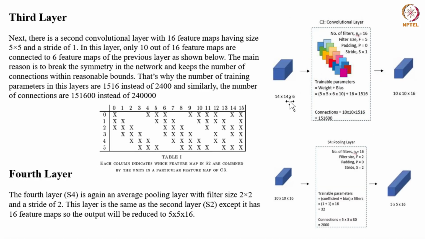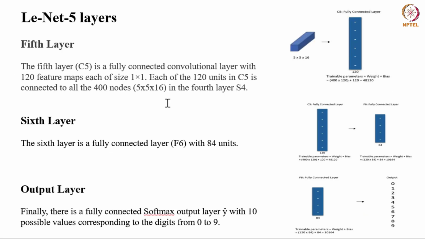After that, you have another convolution and another pooling. In the end, you are down to something that is 5 times 5 times 16. Then you have two fully connected layers, an output layer, and in the end, a mapping onto the digits 0 to 9.